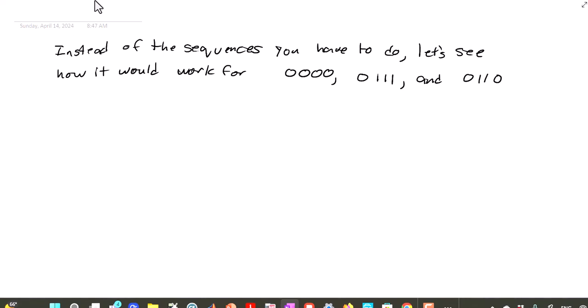Okay, so let's say that these are the sequences that we are supposed to detect. Just these 3.